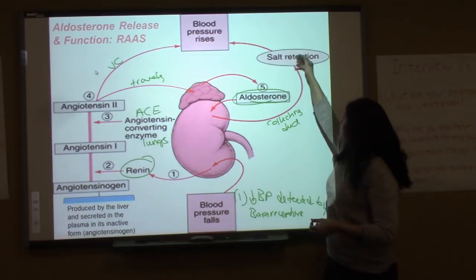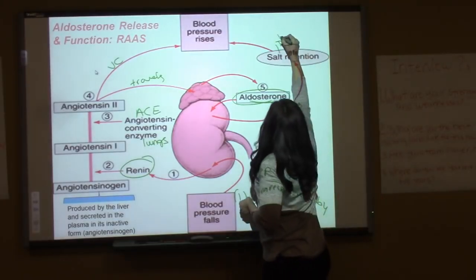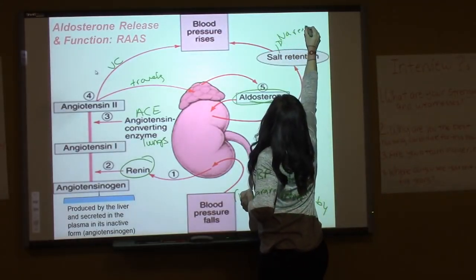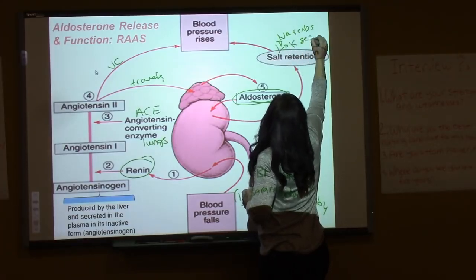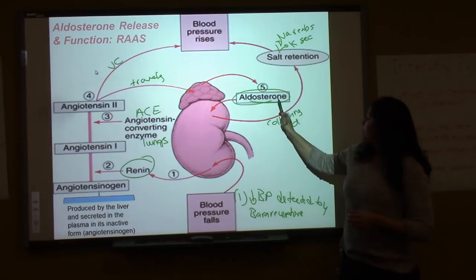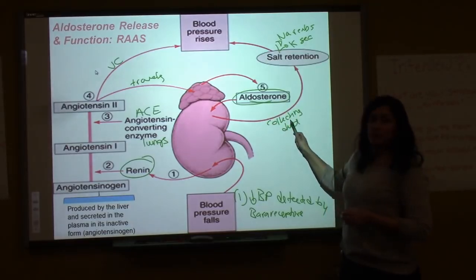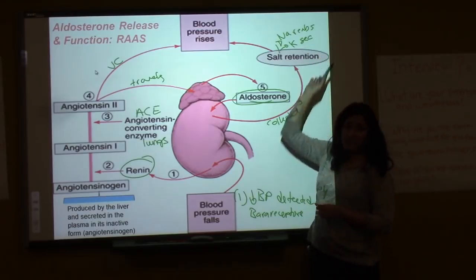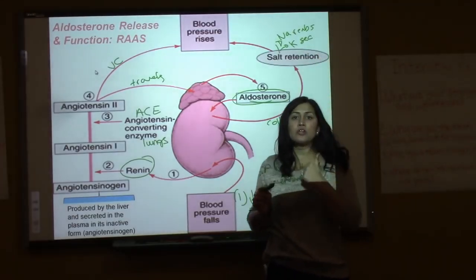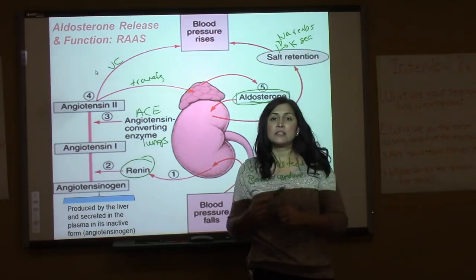But to be more specific, once aldosterone is released, it travels to the collecting duct. It causes sodium to be reabsorbed and potassium to be secreted. So that is a function of aldosterone, sodium reabsorption and potassium secretion.